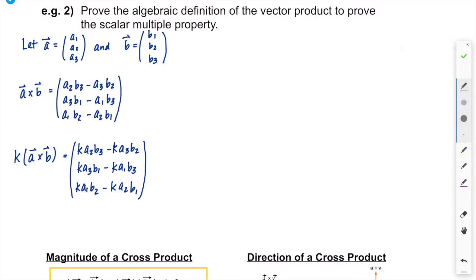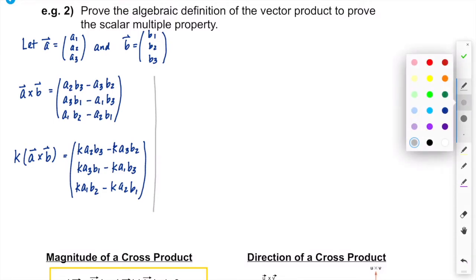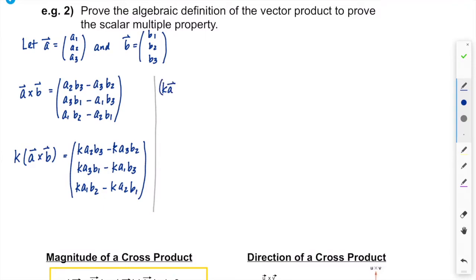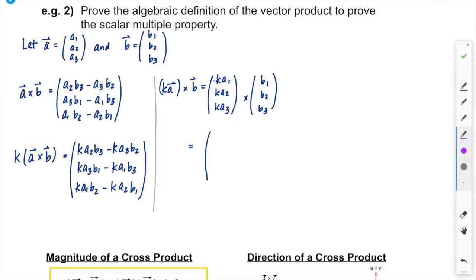The next one that we're going to prove is KA cross B. So the vector KA is KA1, KA2, KA3, crossing it with B1, B2, B3. Ignore the first row, so KA2B3 minus KA3B2.